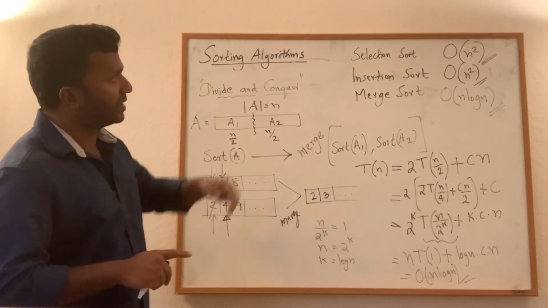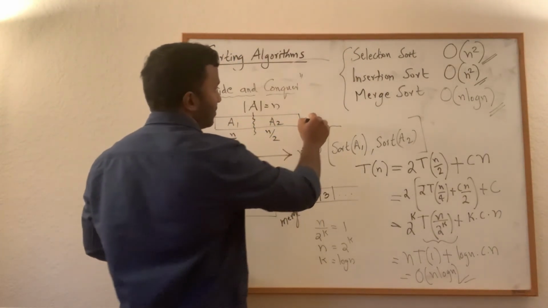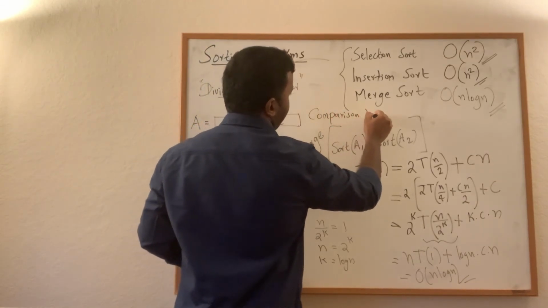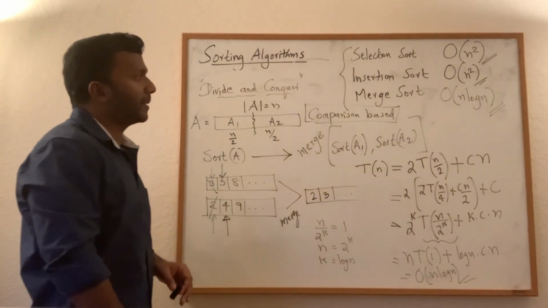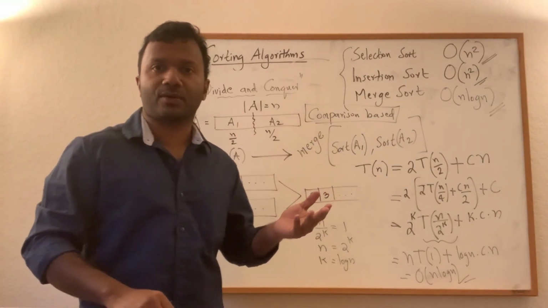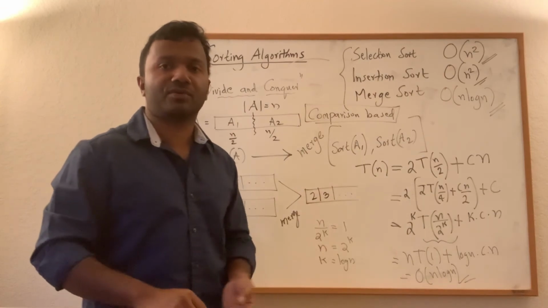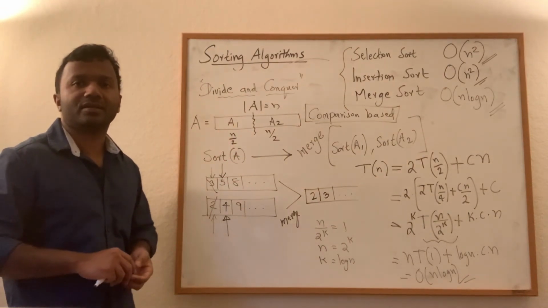That is why these algorithms are called comparison based sorting algorithms. So in summary, we have selection sort and insertion sort, which take quadratic time, and now we have an improved algorithm called merge sort, which can do the job in n log n time.